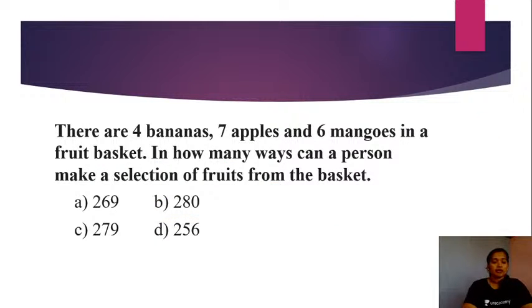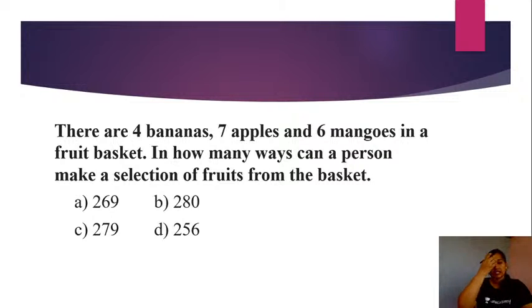Right, so here you have a question. This is somewhat okay, you could do it in the understanding of permutation, right? There are 4 bananas, 7 apples and 6 mangoes in a basket. In how many ways can a person make a selection of fruits from the basket?